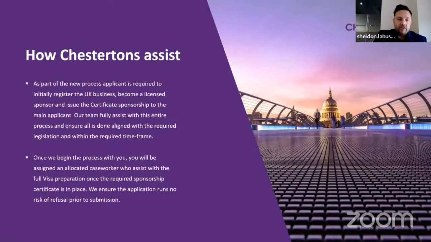How do we assist at Chesterton? So we assist with the entire process. We've essentially taken over 200 pages of new legislation and funneled that into a process to make this new category as easy to navigate with our attorneys for our clients. So essentially, before we even look at the visa category or apply for that, there's quite a bit of heavy lifting around the certificate of sponsorship and license registration.